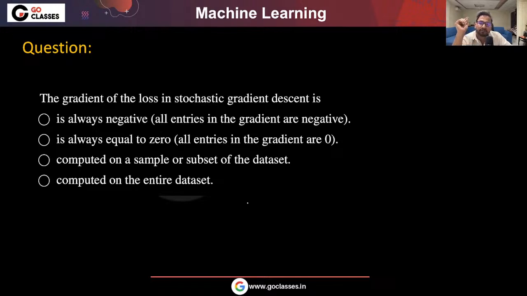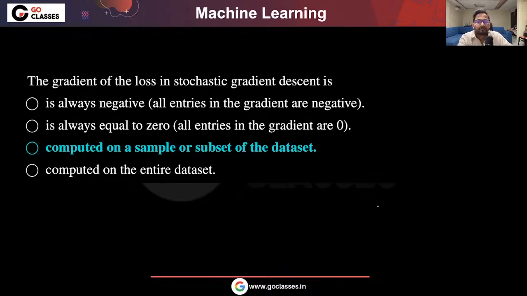No, it is not necessary. The direction could be anything; it need not be always negative. Always 0, no. Computed on a sample or the subset of the data set? Yes, in stochastic, it is computed on the sample, right? So that is why this is true. Understood? Let me know if all the questions are fine to you guys.